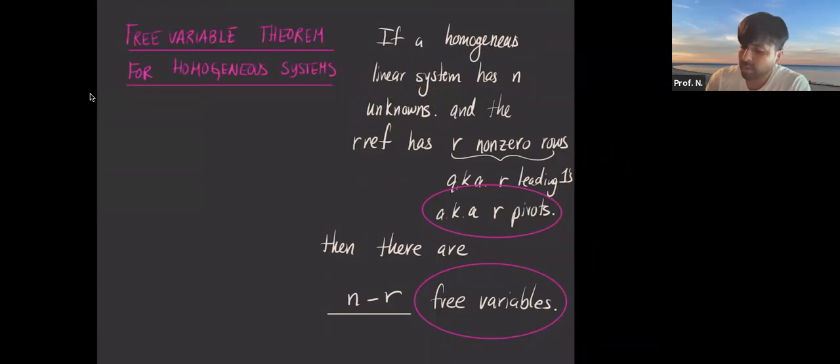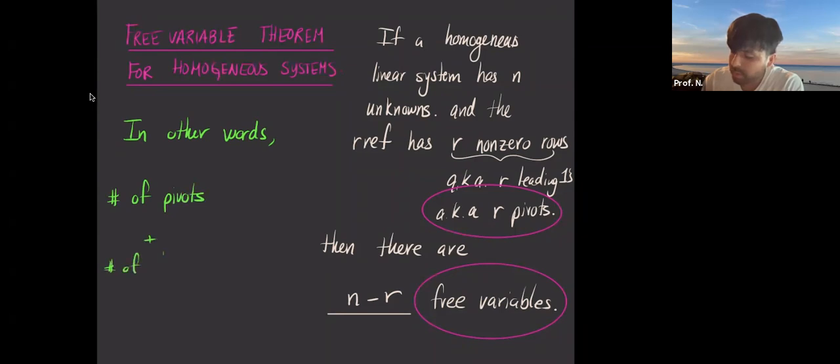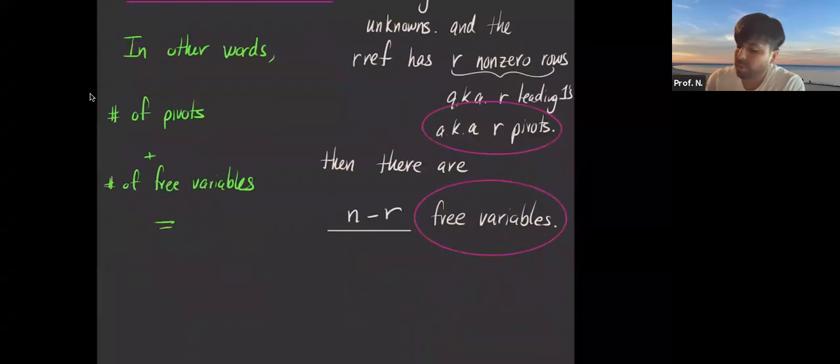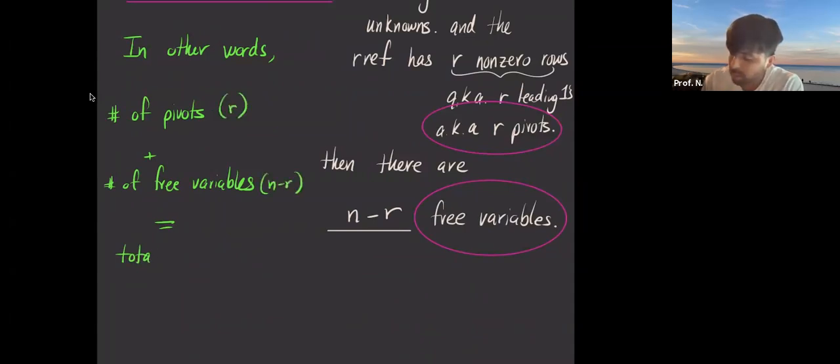In other words, the number of pivots, I'm going to call this r, plus the number of free variables in a system, this is n minus r, equals the total number of unknowns. That's what this theorem is saying.